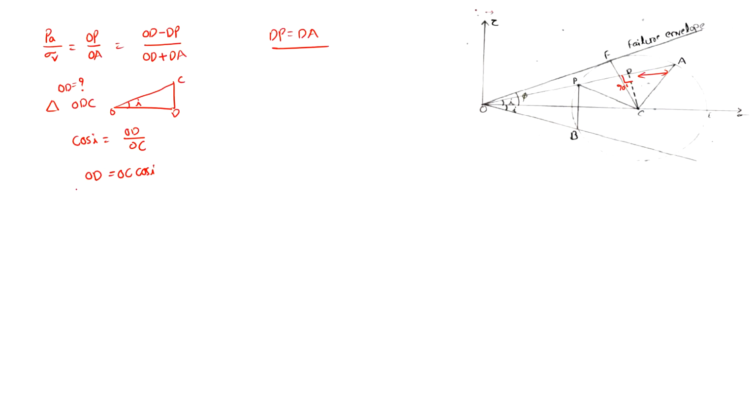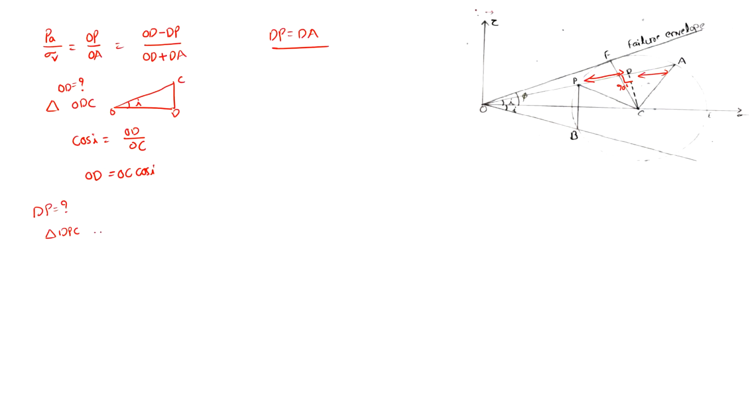Okay, and we have to calculate the DP value also. For DP I am considering triangle DPC. We have to calculate one side of the triangle. DP is nothing but this distance we have to calculate. So I am taking triangle DPC.